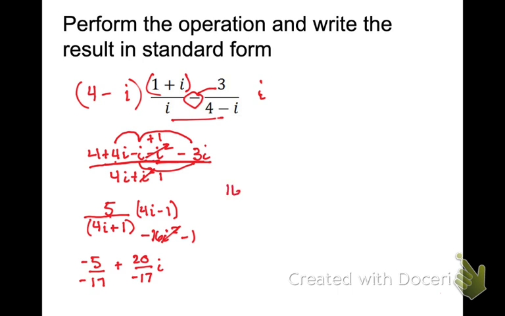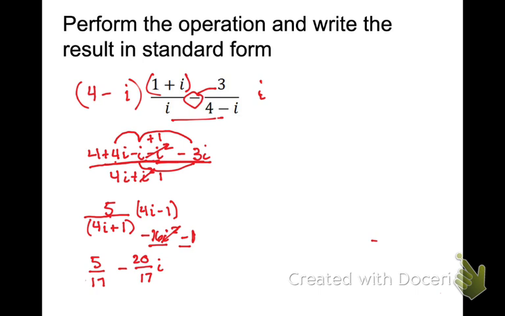Because it was 16i squared, so i squared is negative 1. Wouldn't it just be 15? No, it's negative 16 and negative 1. So then those would be positive. So that's what I get.